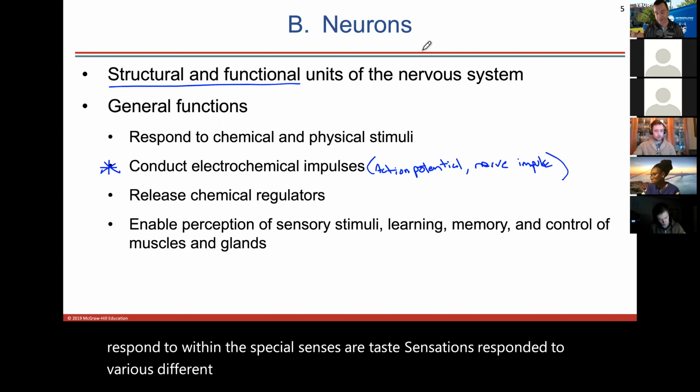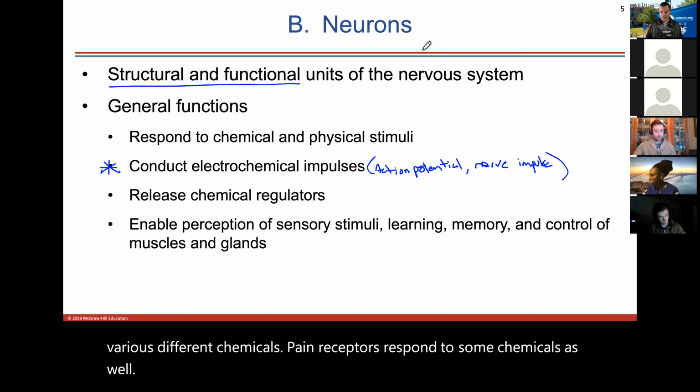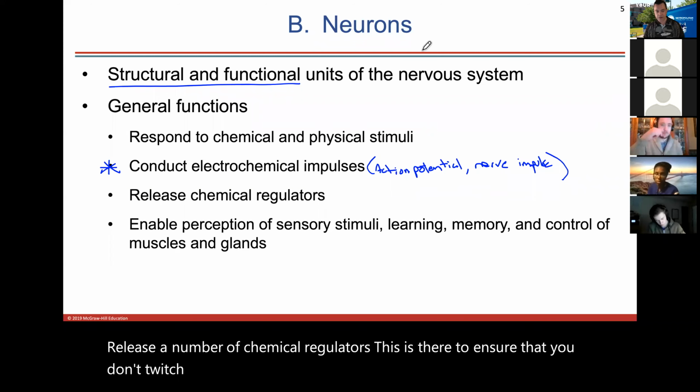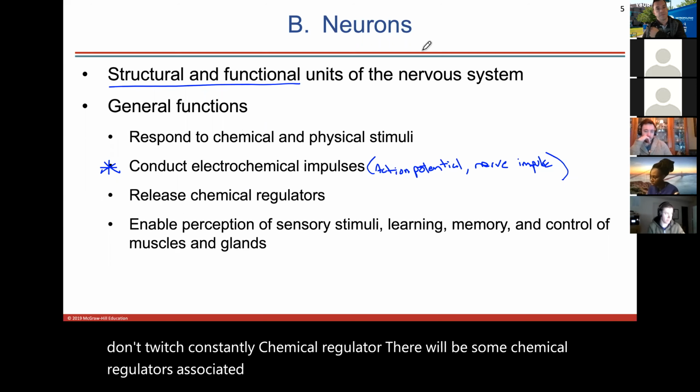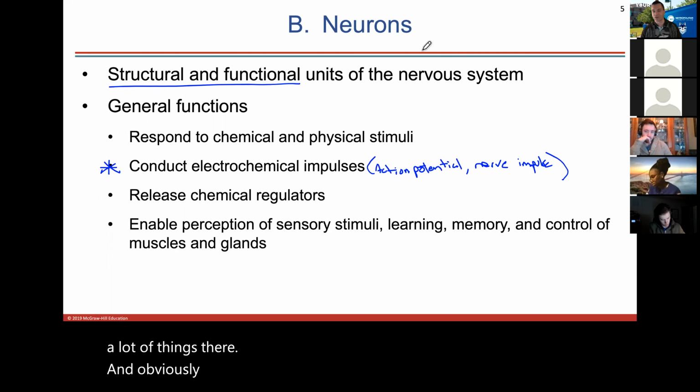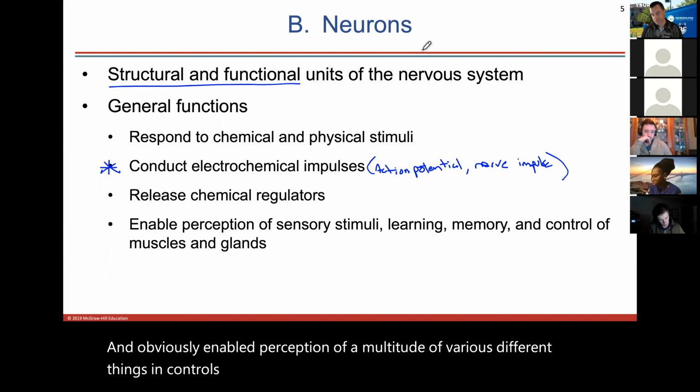Pain receptors respond to some chemicals as well. They release a number of chemical regulators. This is there to ensure that you don't twitch constantly, chemical regulator. There'll be some chemical regulators associated with the concept of memory and learning. So there's a lot of things there. And obviously enable perception of a multitude of various different things and control the outcomes of various different things.